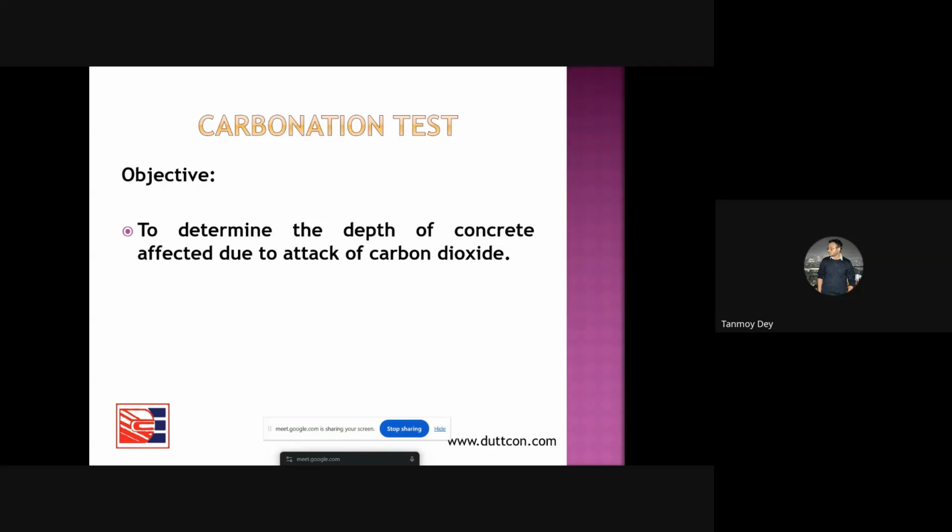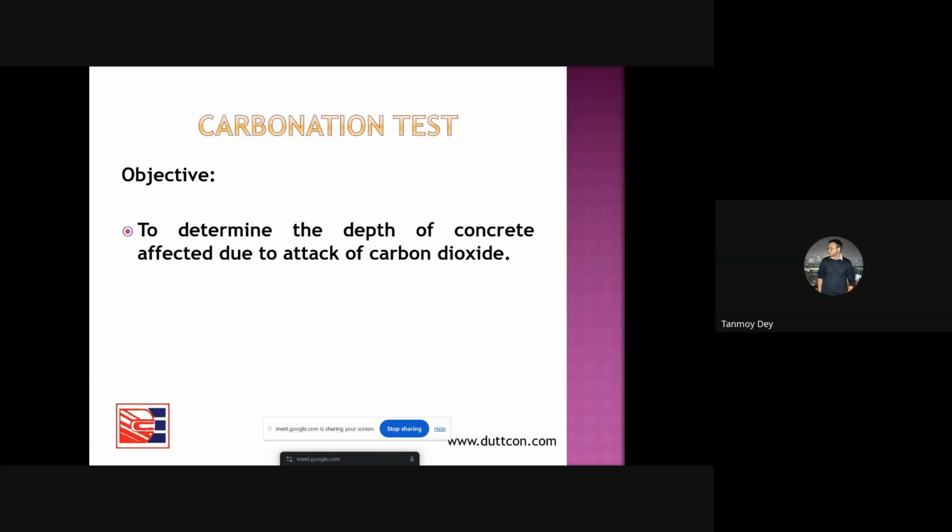If you just rub it, some sand comes out. What is happening? The mortar along with the sand has lost its basicity. It has no adhering capacity. So we have to calculate the depth of this damage due to the weathering effect.